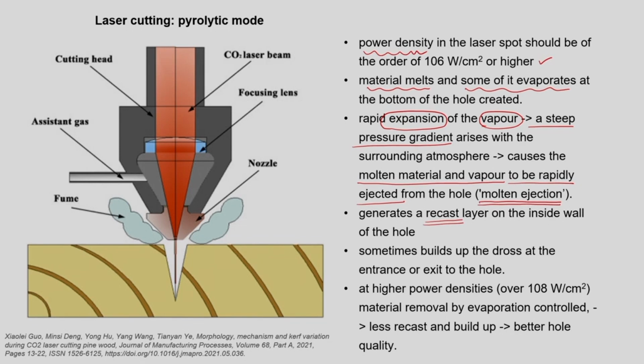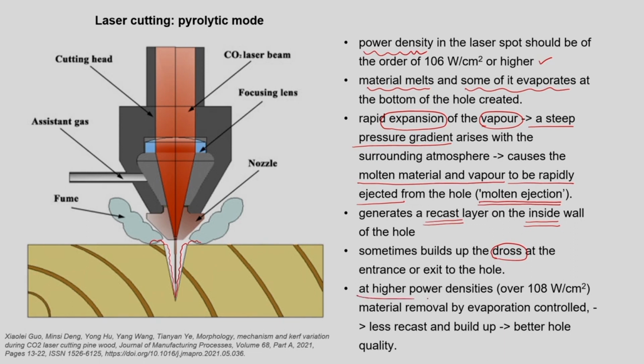So, some of the material gets redeposited or recast on the cavity itself, on the site of action inside the wall. That is called the recast layer. In some cases some dross is also generated, with some portion getting deposited at the top, at the opening of the cavity.